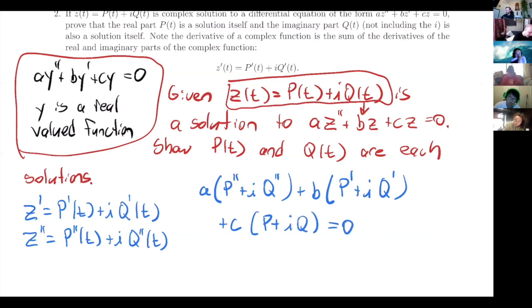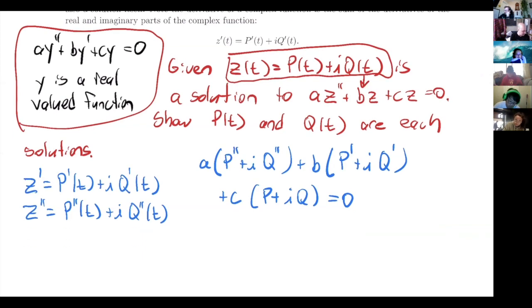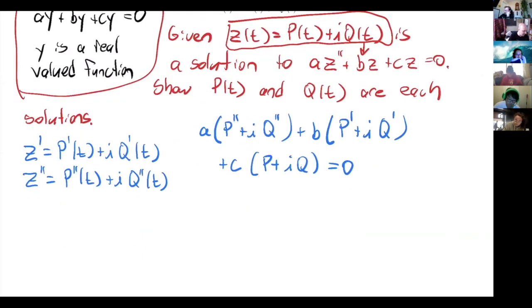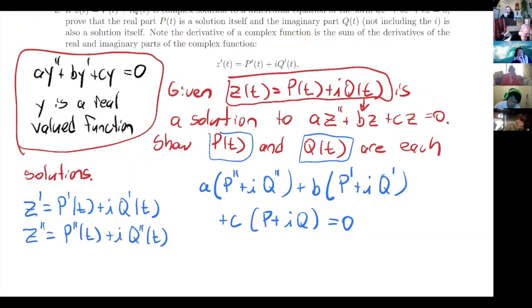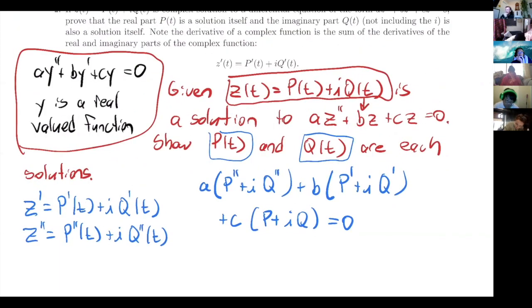And I know that equals 0 because that's the one piece of given information that we have, that this is a solution. And what I'd like to do is show that p of t and q of t are each solutions themselves. I forgot a prime on the b z prime. Thank you. Over here. Yes, thanks.